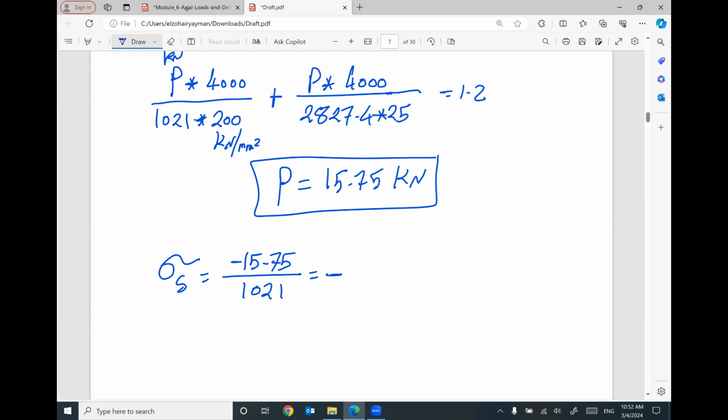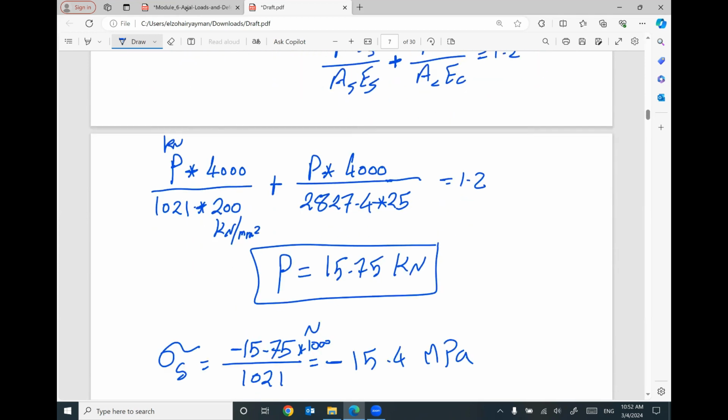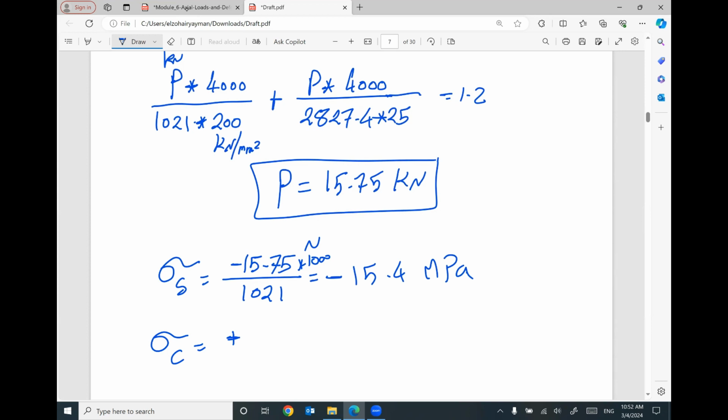How much? I will multiply it by 1,000 to be in Newton. So the value will be 15.4 megapascal. Keep in mind this force is trying to pull the concrete up to reach the same level as the steel, so it will be tension: 15.75 times 1,000 to be in Newton divided by 2,827.4.